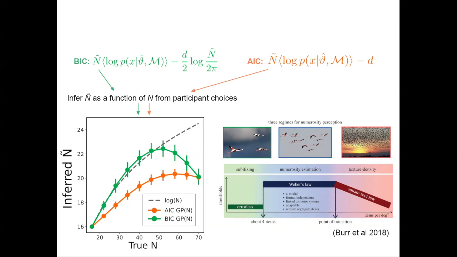For instance, it's been documented that people use a different mechanism for estimating the number of objects when they are fairly separated visually, versus when they get much closer, at which point they start judging based on density. Okay, so I'm not drawing a quantitative connection here.